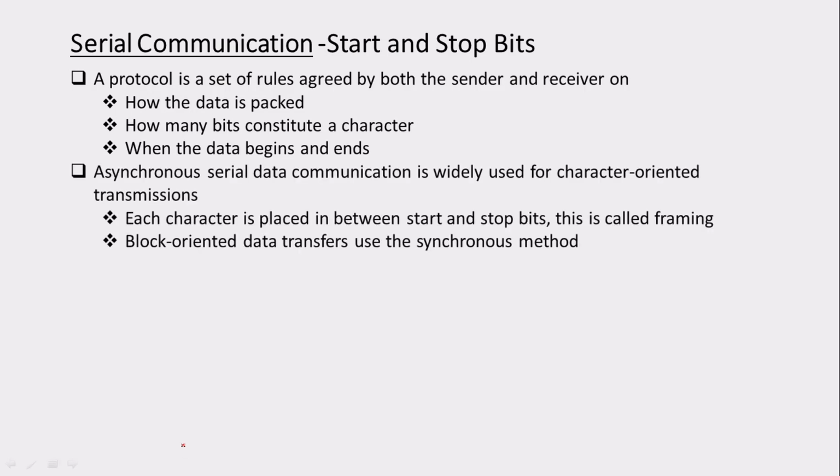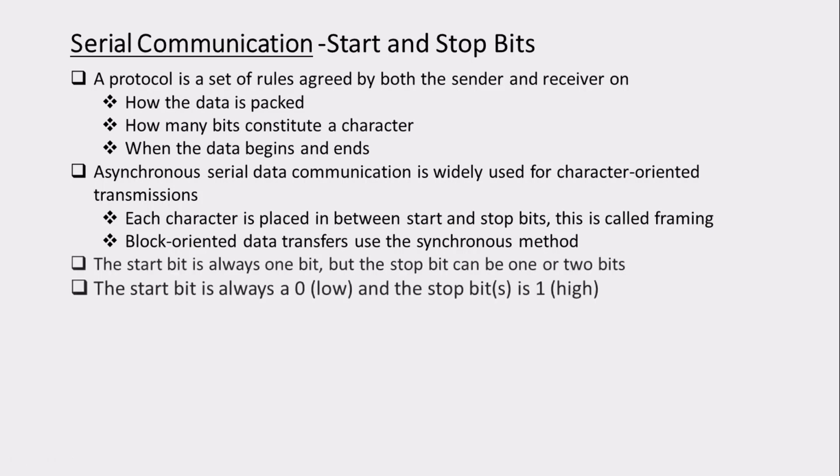As we know, asynchronous serial data communication is widely used for character oriented transfer. Here in this UART, the character is going to be only 1 byte of data. For block oriented transfer, as we know, we will be using the synchronous method. For this byte of data, that means 8 bits of data, we will be placing a start bit and a stop bit.